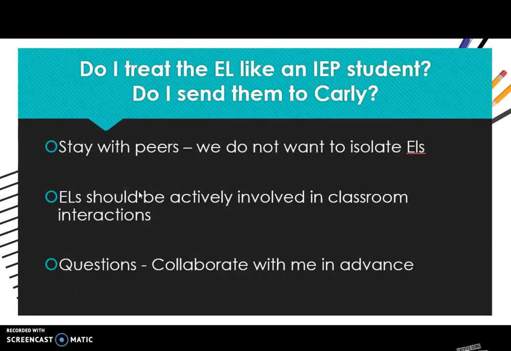Another question is, do I treat the English learner like an IEP student, and do I send them to Carly? We want to try to keep English learners with their peers as much as possible so they're able to pick up on social and academic language in their classrooms, and we don't want to isolate them. So sending them to me defeats that purpose.